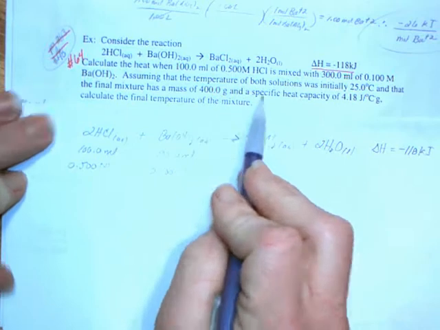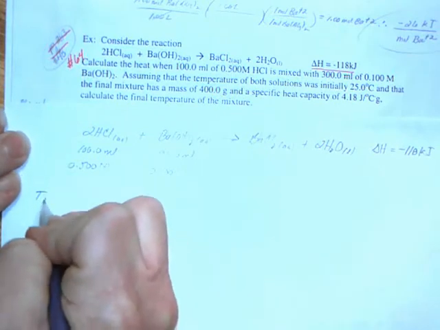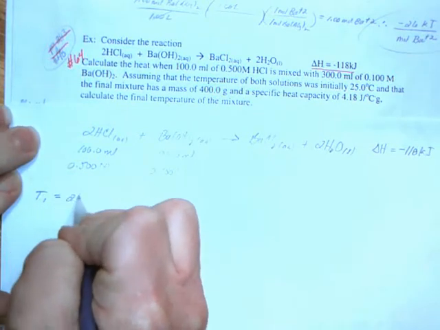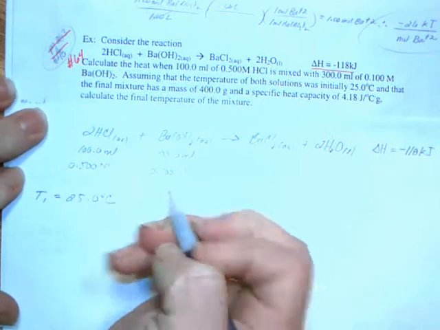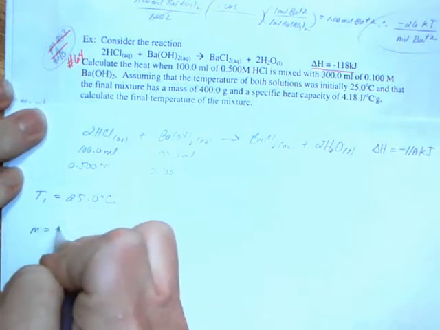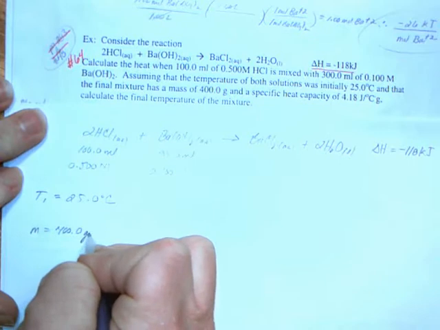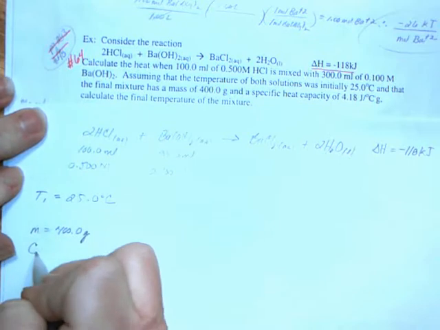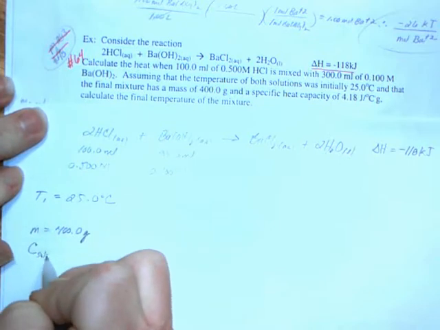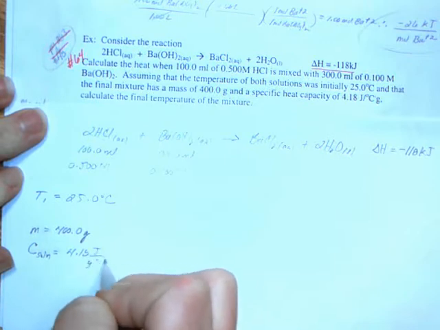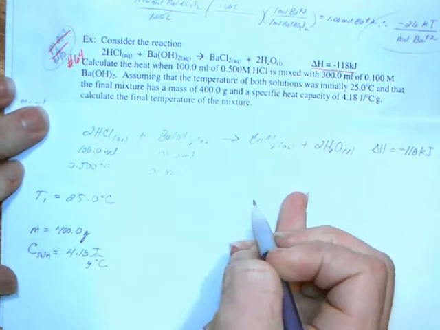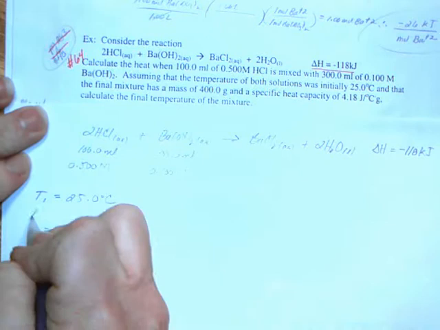Assuming that the temperature of both solutions was initially 25 degrees Celsius and that the final mixture has a mass of 400 grams and the specific heat capacity of my mixture is 4.18 joule per gram degree Celsius, calculate the final temperature of the mixture.